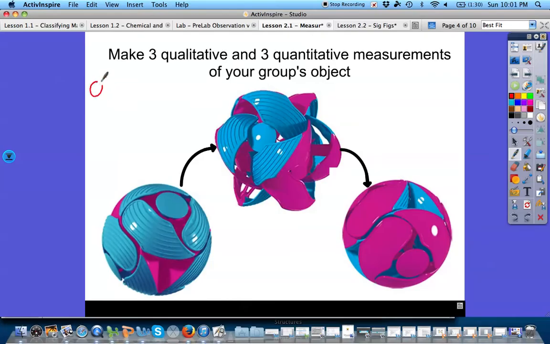So for qualitative, you might say that the ball is blue, that it can change to purple. You can say that there are ridges on the blue.